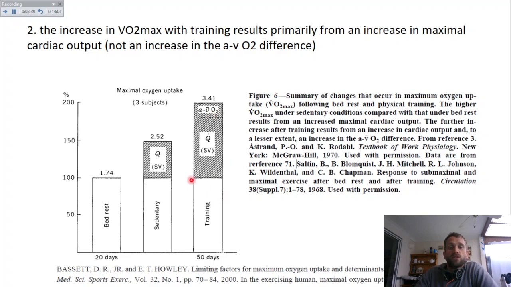So this evidence again points to the idea that as we get fitter, the main reason we're able to increase our VO2 max is because of this increase in maximum cardiac output, which is clearly a change in our oxygen delivery as opposed to a change in our oxygen utilization. So as I say, check this paper out.